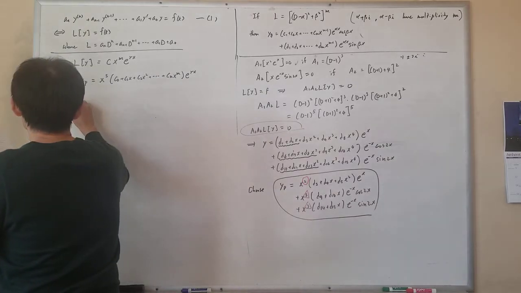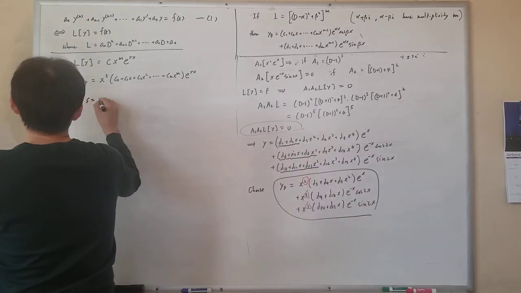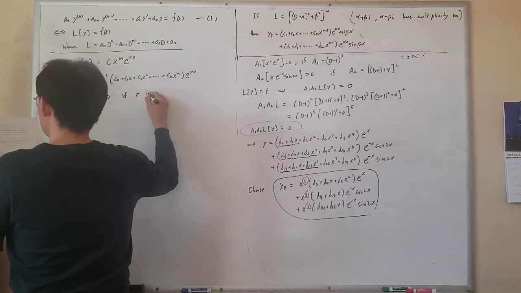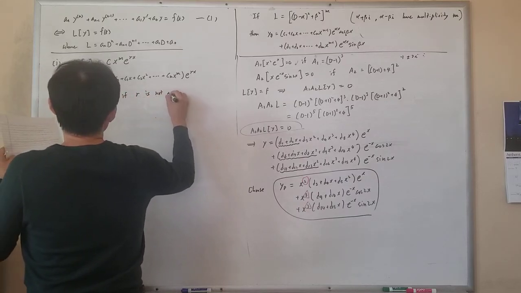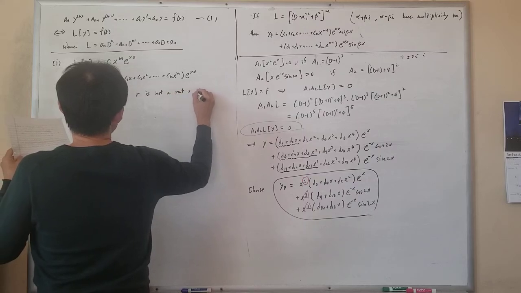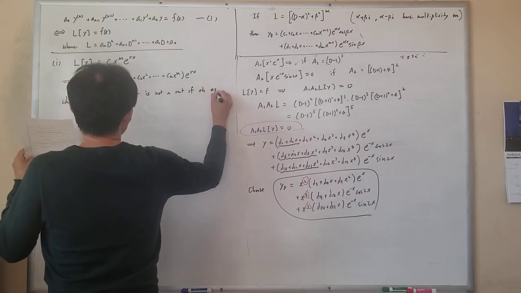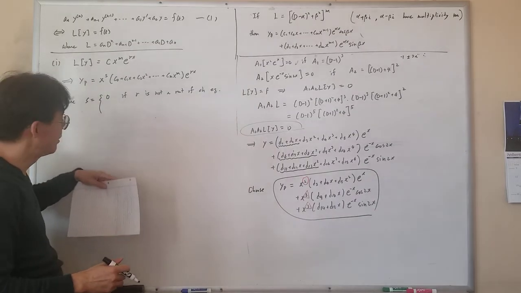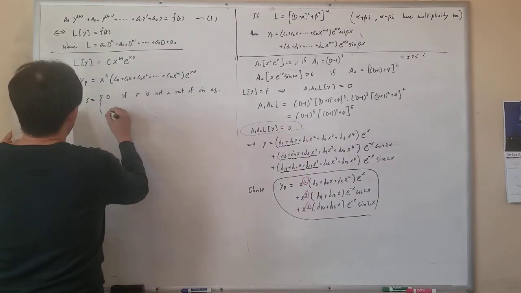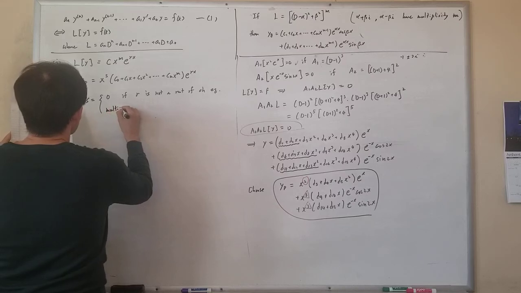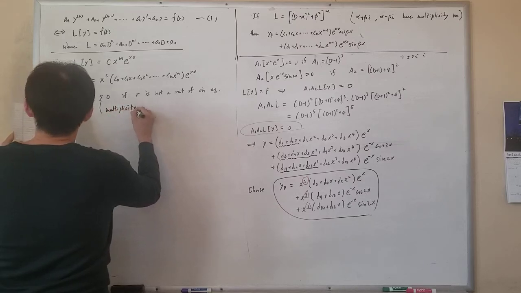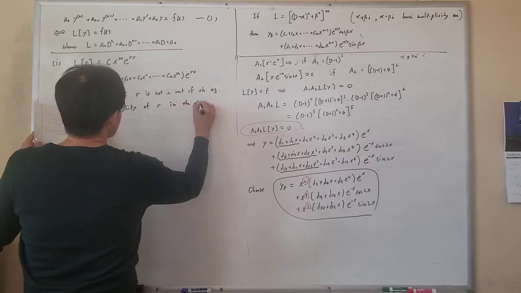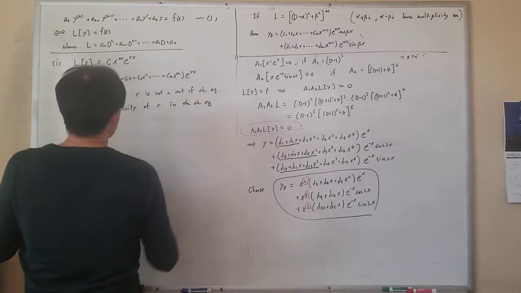Where s equals 0 if r is not a root of the characteristic equation. But if L has d minus r with some multiplicity, then s is the multiplicity of r in the characteristic equation or auxiliary equation.